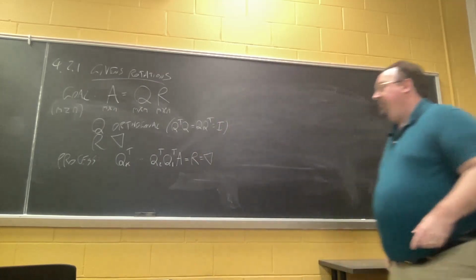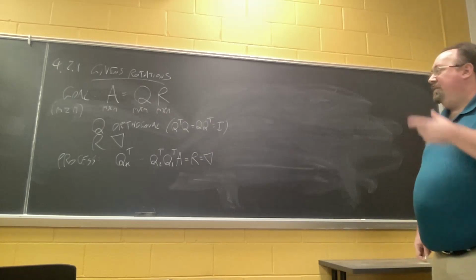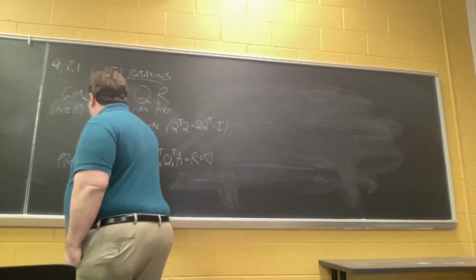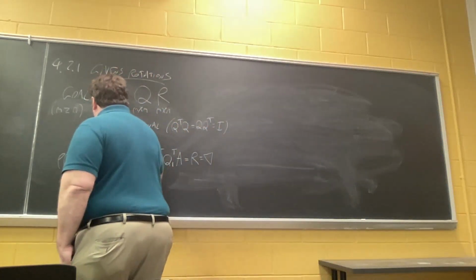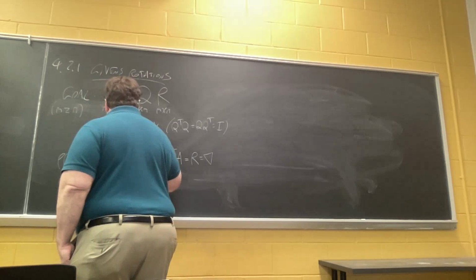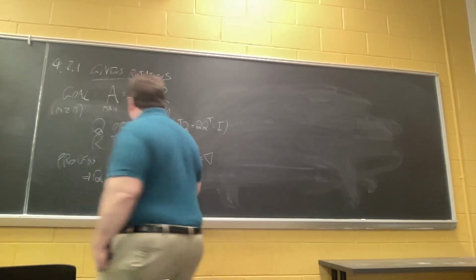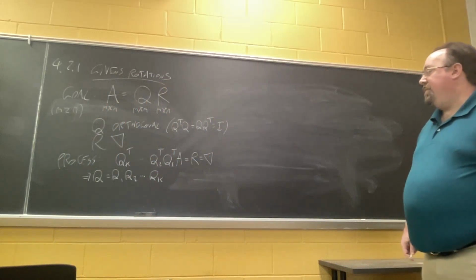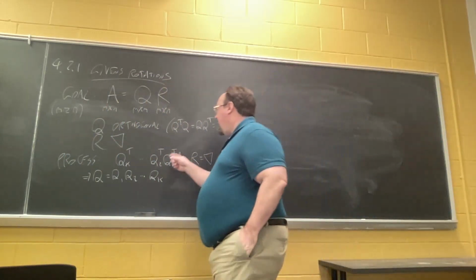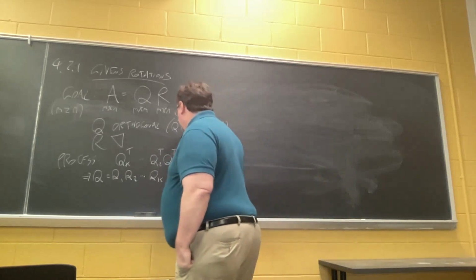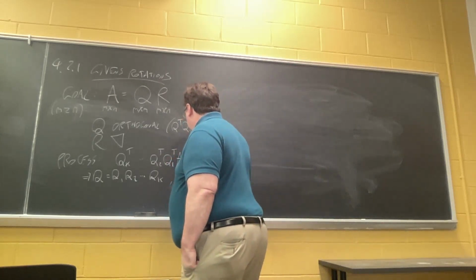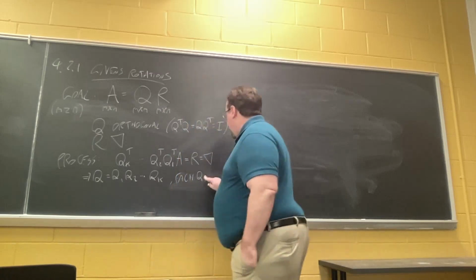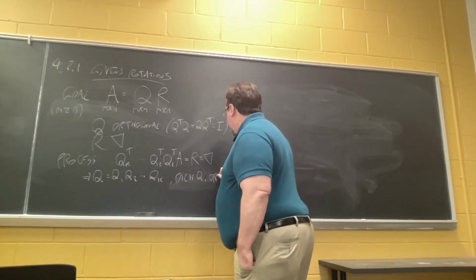These matrices Q1, Q2, up to QK, if multiplied together in the opposite order and not transposed, would give you Q. These are not elementary row matrices, but rather each matrix Qi is orthogonal.